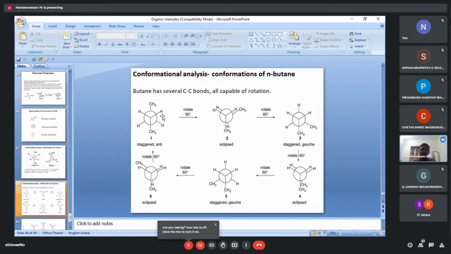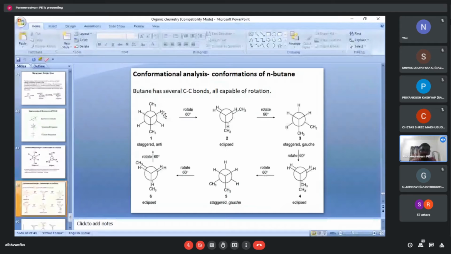Here is the methyl, and here hydrogens: front carbon hydrogen, hydrogen, methyl, hydrogen, hydrogen. The methyl moves only in the clockwise direction and comes overlapping. What about the distance between the methyl and hydrogen?